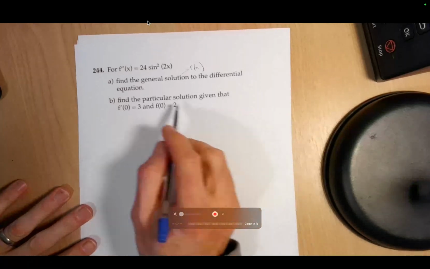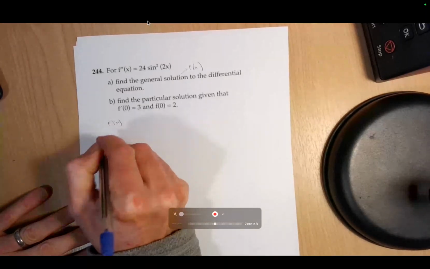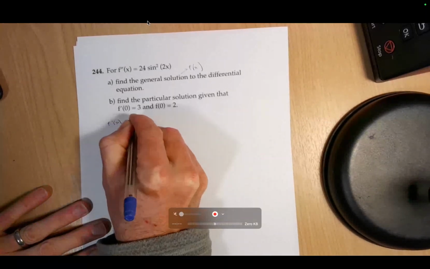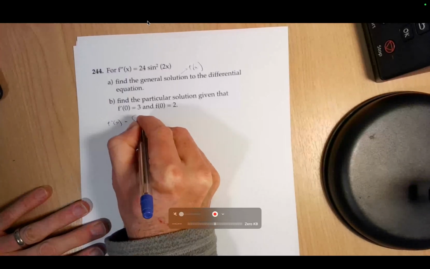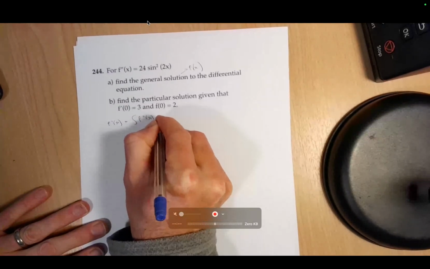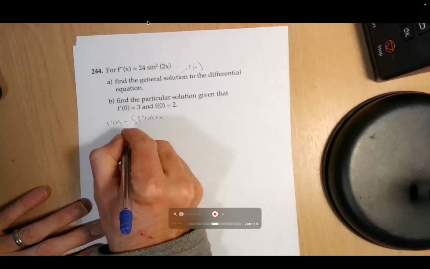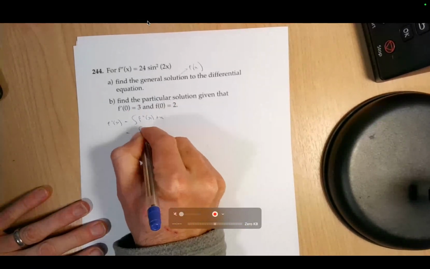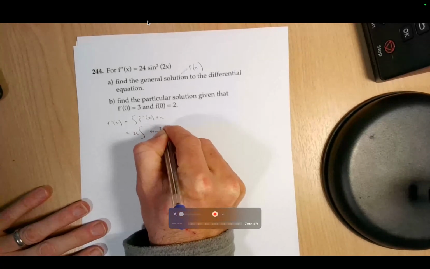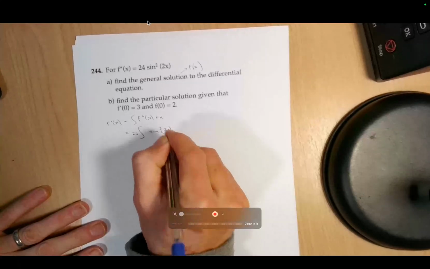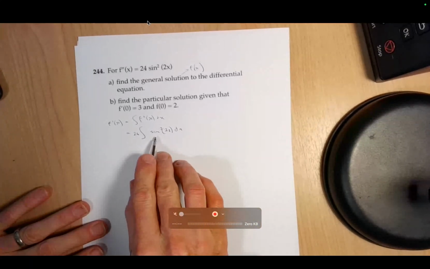Okay, so f dashed of x is going to be the integral of the second derivative with respect to x. Now there's a problem. You can't integrate this, so that's the problem.